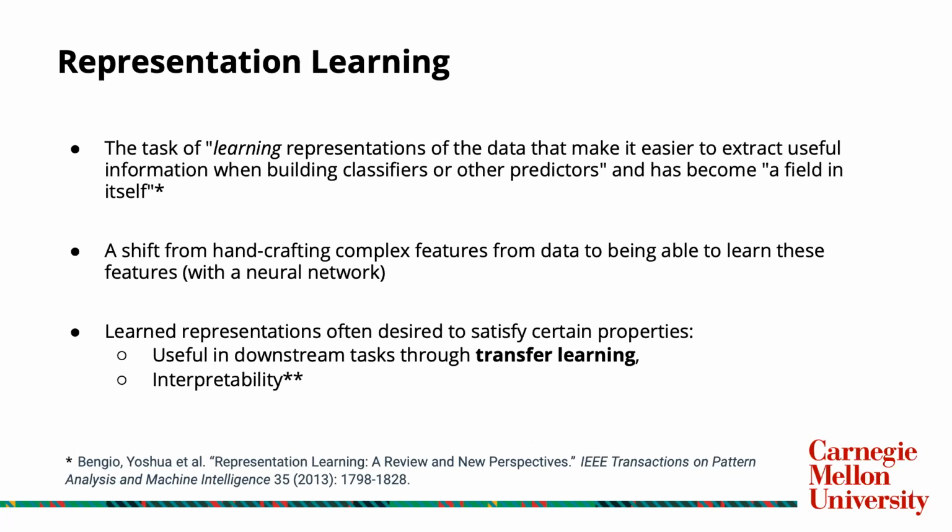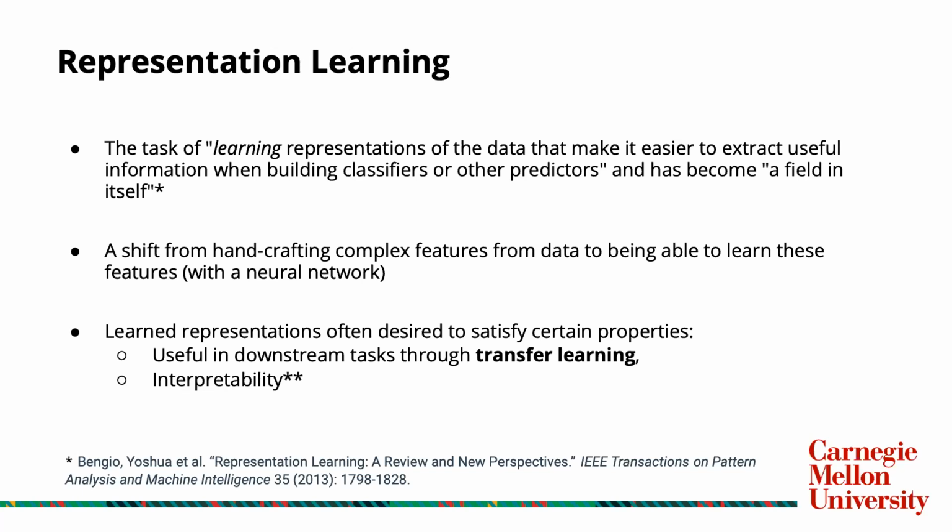And so in recent years, we're seeing a shift from handcrafting these complex features from the data to being able to learn these features automatically and in an unsupervised way, and usually with a neural network, or at least in the context of this class, with a neural network. So these learned representations often have some desired properties that we want them to satisfy.